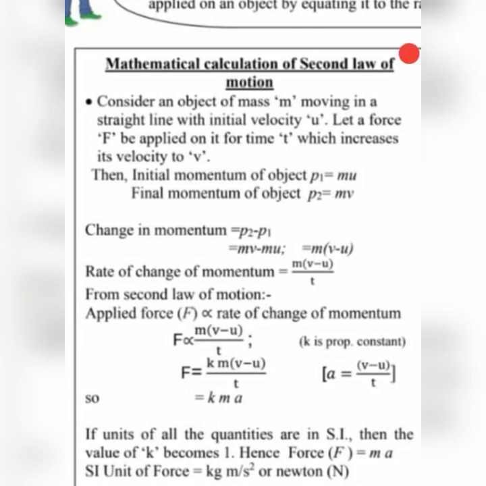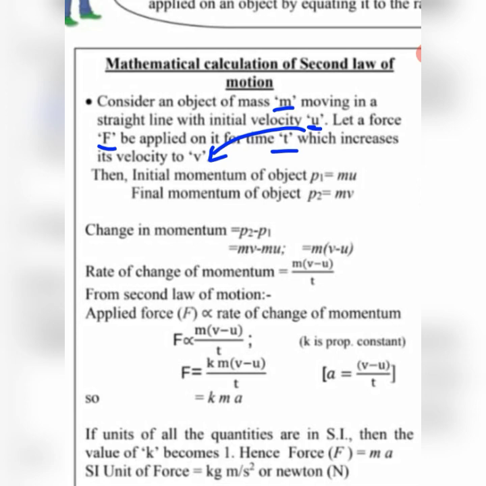To understand the second law, consider that a body of mass m is moving in a straight line with initial velocity u. Suppose the force applied is F, and this force is applied for a time t in which the velocity changes from u to v.